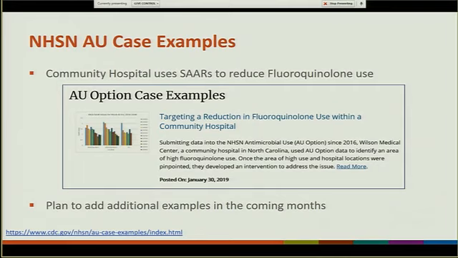It's about a page, and it details their analysis of their SAARs, the approach they took when they identified that fluoroquinolone use was high, and then their intervention: implementing treatment guidelines, as well as addressing duration of therapy, and then tracking their SAARs over time.